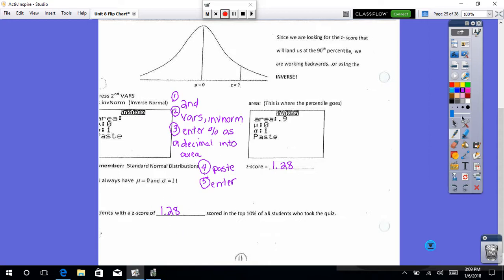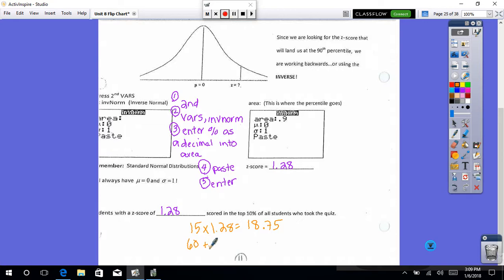You do not have to do this, but I'm going to see what the actual test score was if you had a 1.28. I know my standard deviation was 15 with a z-score of 1.28. That actually puts you 18.75 points away from the average.